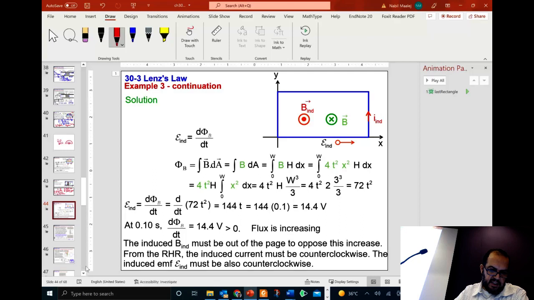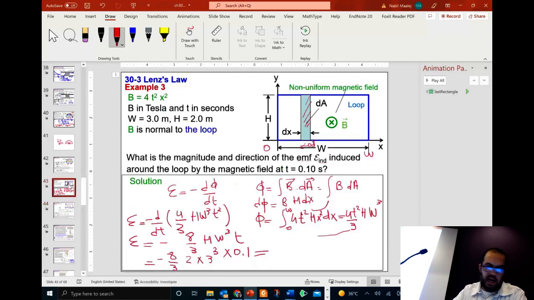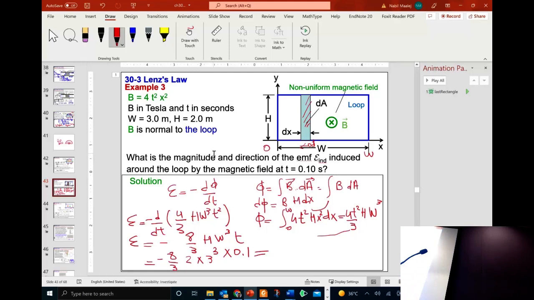So the result is, E induced in this case is 14.4. Oh, sorry, I forgot to determine the direction. The magnetic field is into the page, and it's increasing with time. Since it is increasing, the induced magnetic field has to oppose that, so it's going to be out of the page.